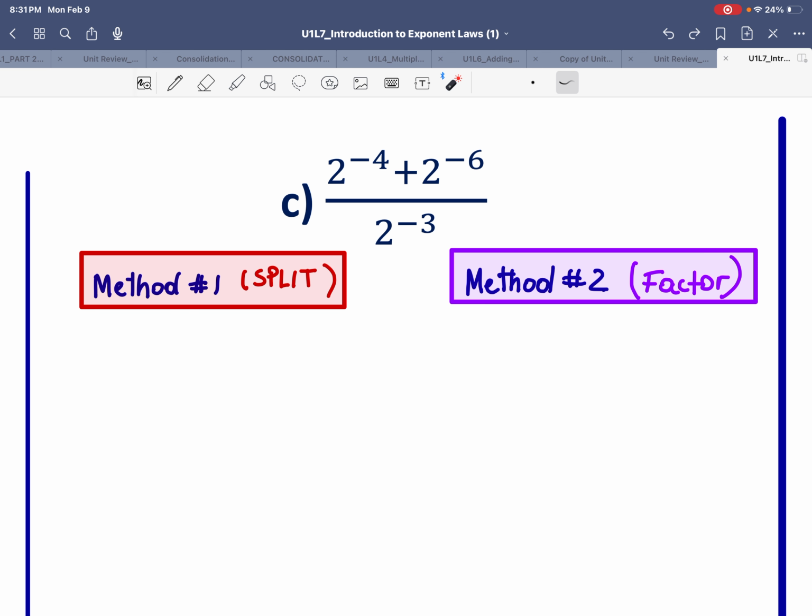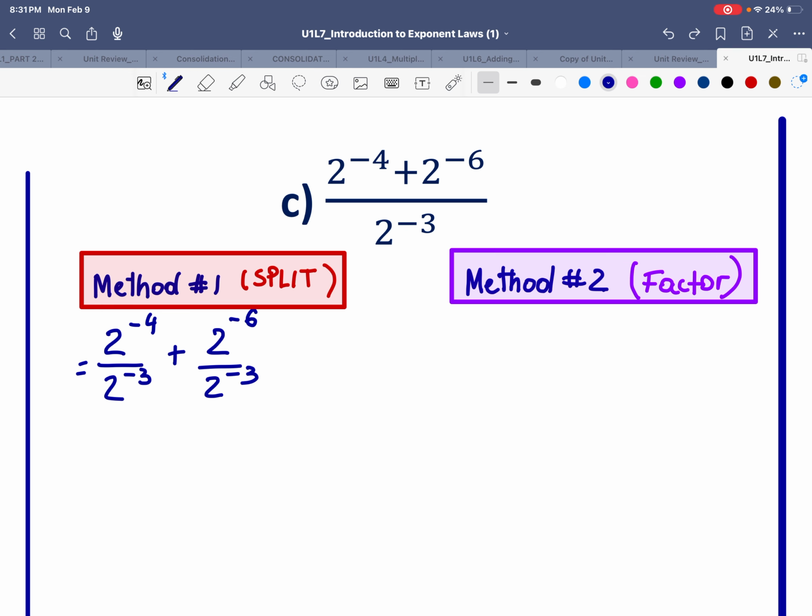So in our case, you have 2 to the power of negative 4 divided by 2 to the power of negative 3, and then plus 2 to the power of negative 6 divided by 2 to the power of negative 3. So we have split this addition into two separate fractions.